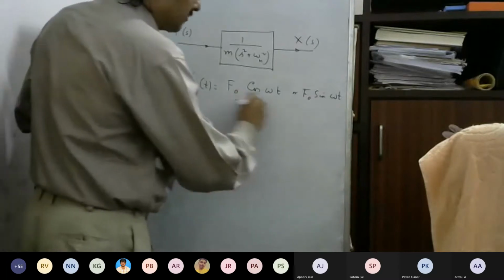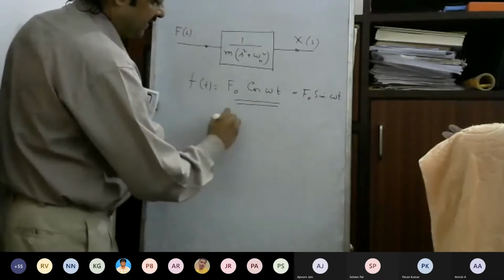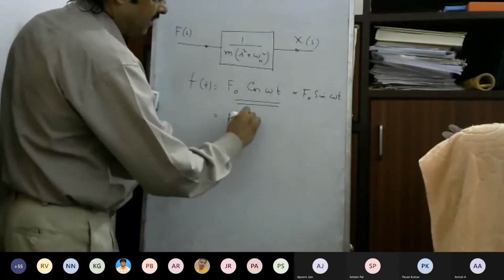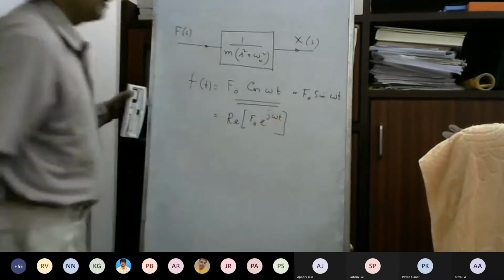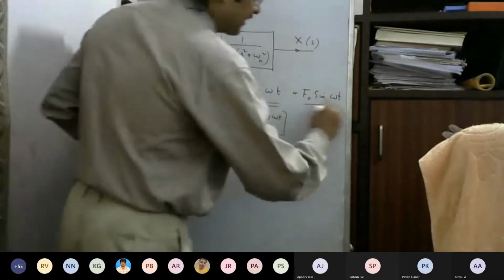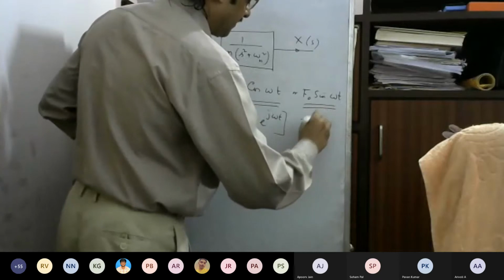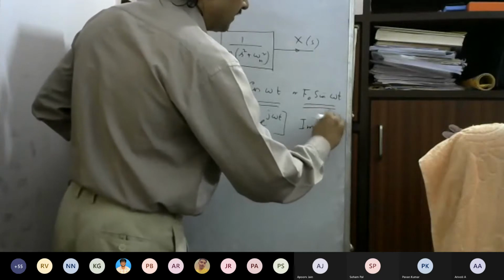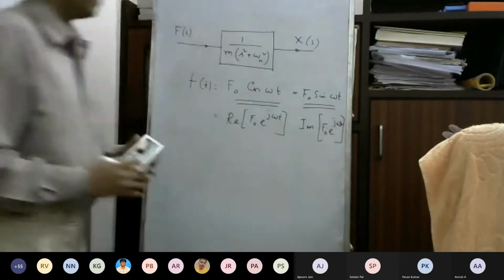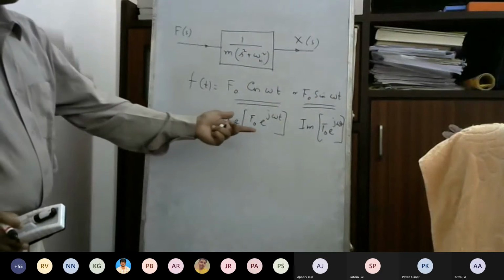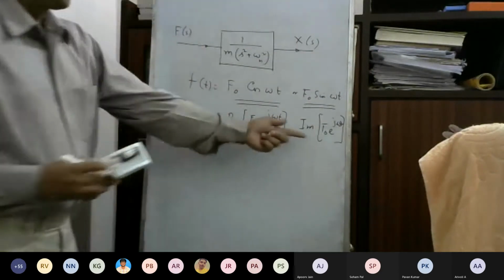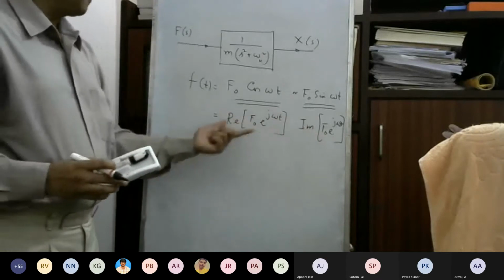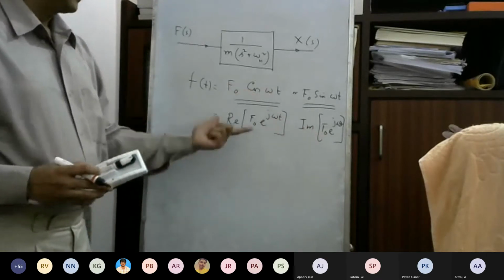If this is cosine omega t, I can write this as the real part of F naught e to the power j omega t, or this part as the imaginary part of F naught e to the power j omega t. So this is the imaginary part of this and the real part of that one.